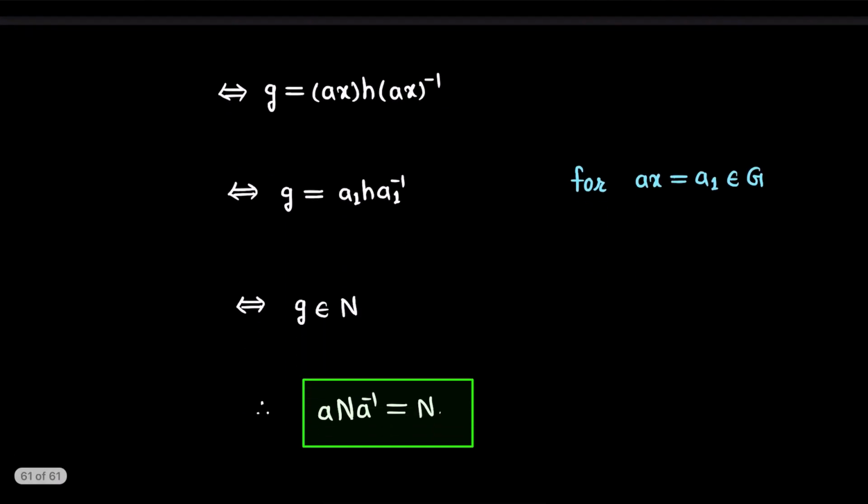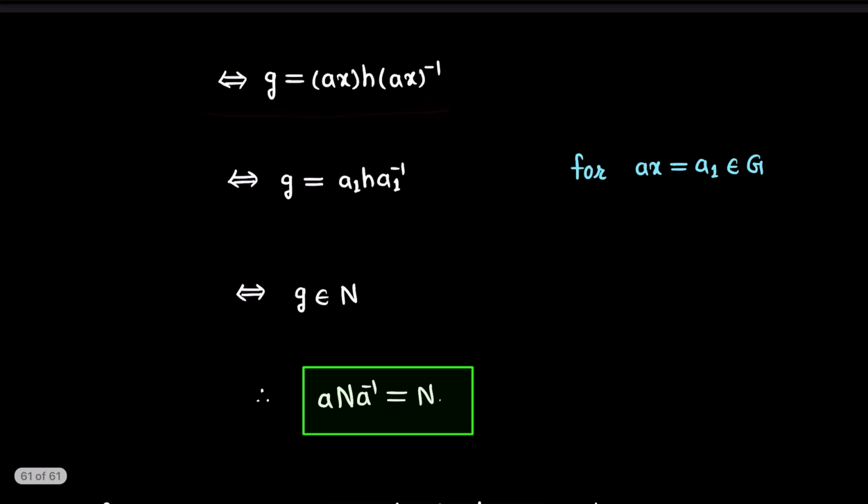So finally we get, if this is true, then g can be written as a1 h a1 inverse for some a1 in G, and thus we get g is an element in N.